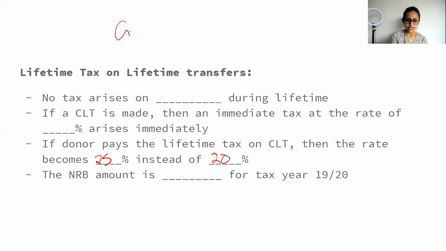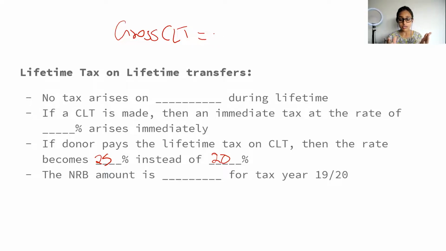And remember, when it comes to calculating gross CLT, what is the meaning of gross CLT? Gross CLT is how much of your wealth you have actually lost because of the transaction, to keep it as simple as that. When the donee is the one paying the tax, you find gross CLT by reducing the AE from the CLT.